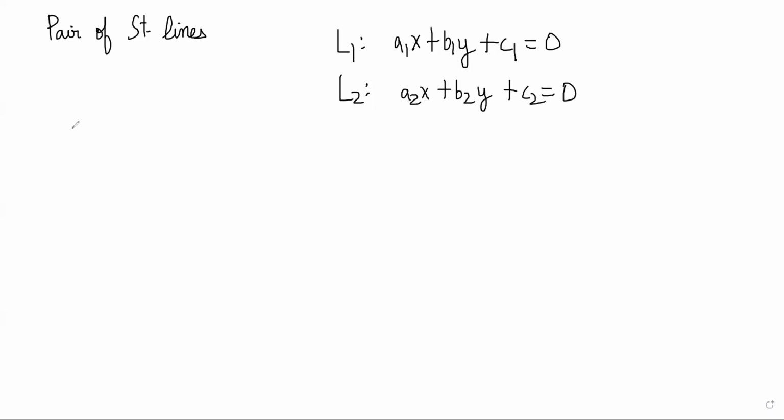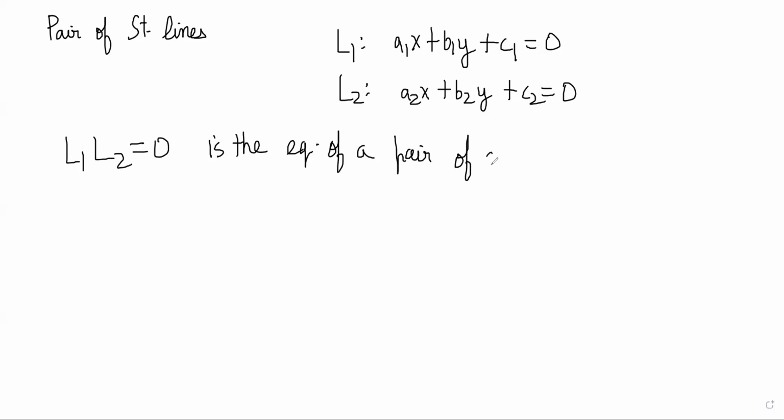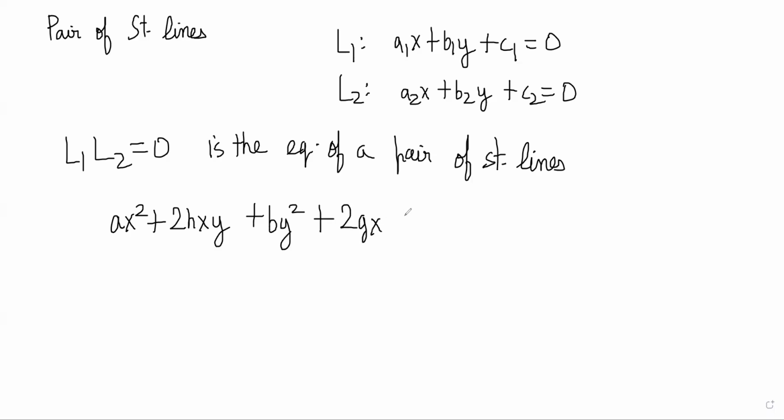The product of these two, L1 L2 equal to 0, is the equation of a pair of straight lines. When you multiply this, you will end up with a general equation that we have seen many times before in conic sections as well.